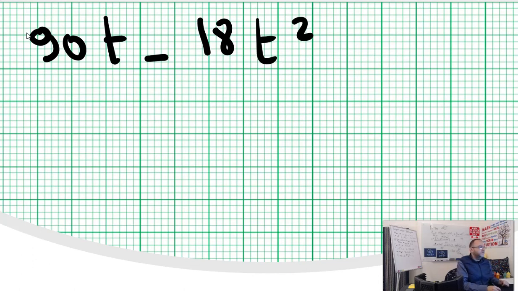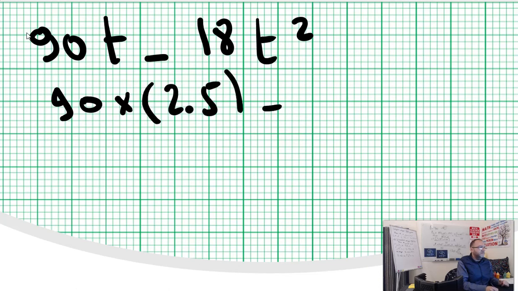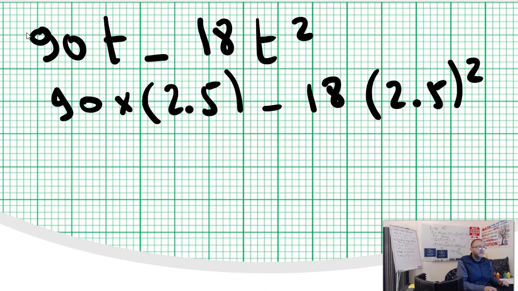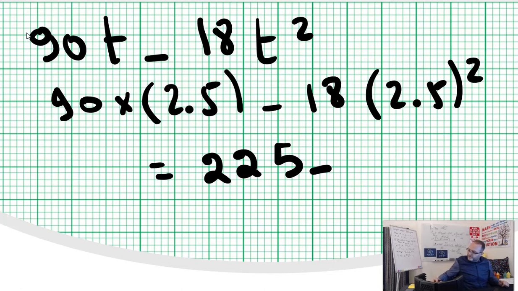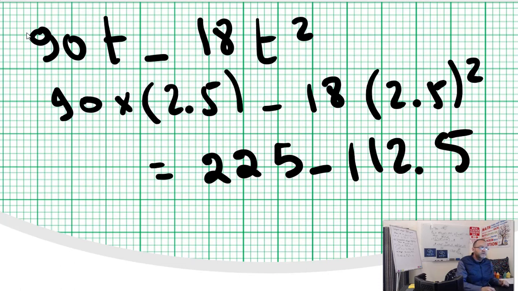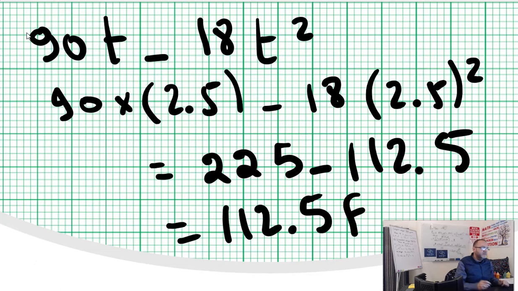Okay, so if you put 90 times 2.5 minus 18 times 2.5 squared, you get 225 minus, let me see this, yeah, this is 112.5, so I get 112.5 feet.